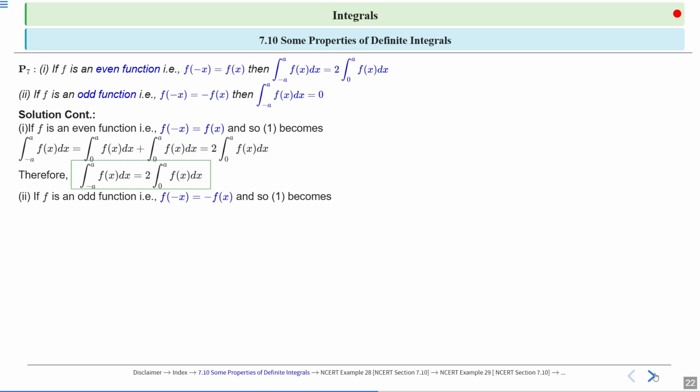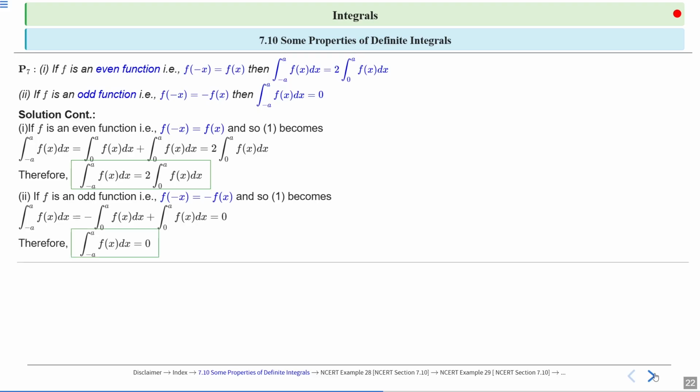And if f is an odd function, then f(minus x) is equal to minus f(x). So it becomes the integral from 0 to a of minus f(x) dx plus the integral from 0 to a of f(x) dx. Both cancel out and it becomes 0. Therefore, for an odd function, the value is 0.